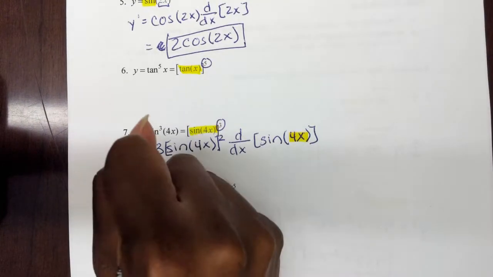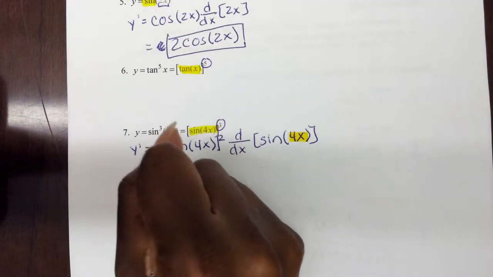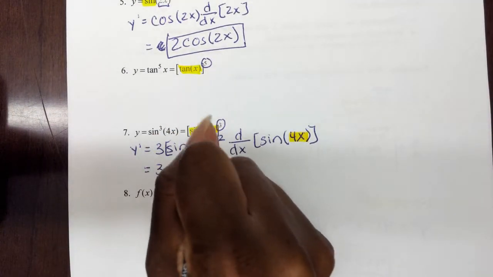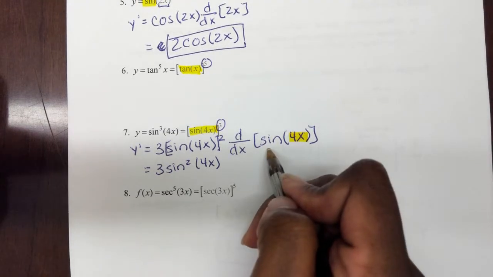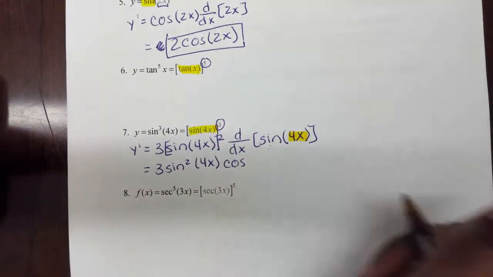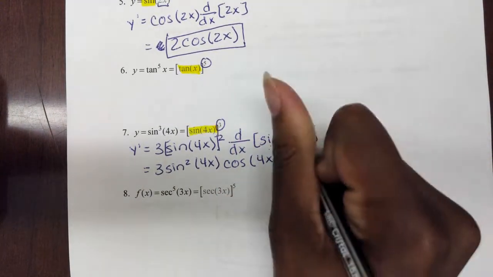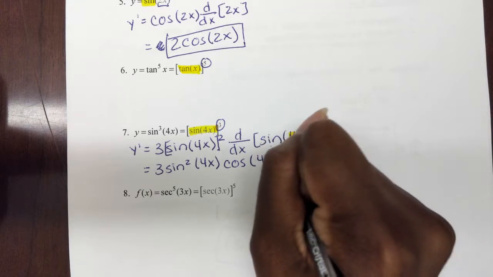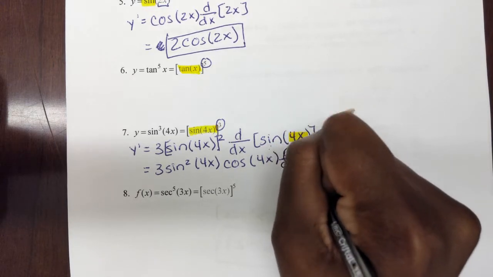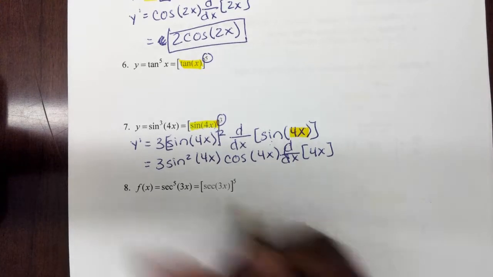So we have 3. I'm just going to rewrite this as sine squared 4x. And then we want the derivative of this mama. So that's cosine, keep the baby, and then the derivative of 4x is 4.